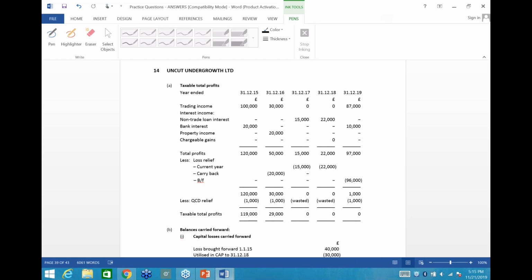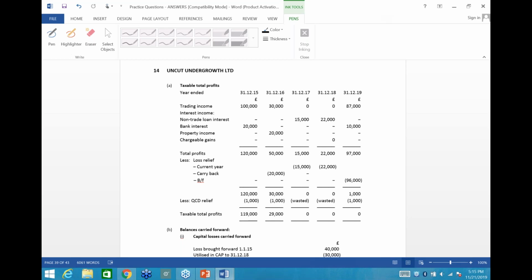Currently, the corp tax rate applicable is 19%, and that is for the financial year 2018. Remember, unlike for individuals, for a company there's nothing called a tax year starting on the 6th of April and ending 5th of April. A company has a financial year. Financial year 2018 starts on the 1st of April 2018, ending 31st March 2019.